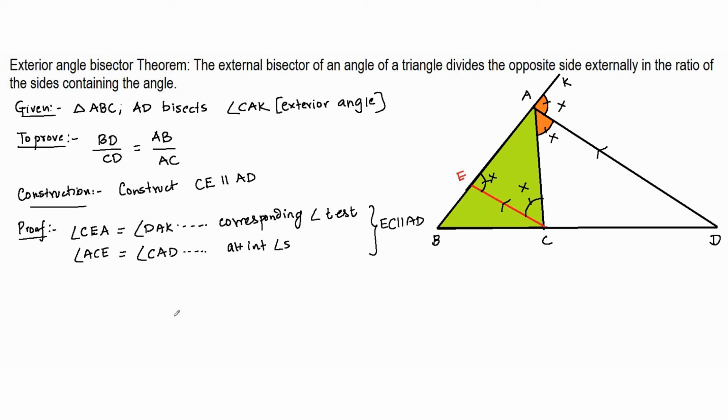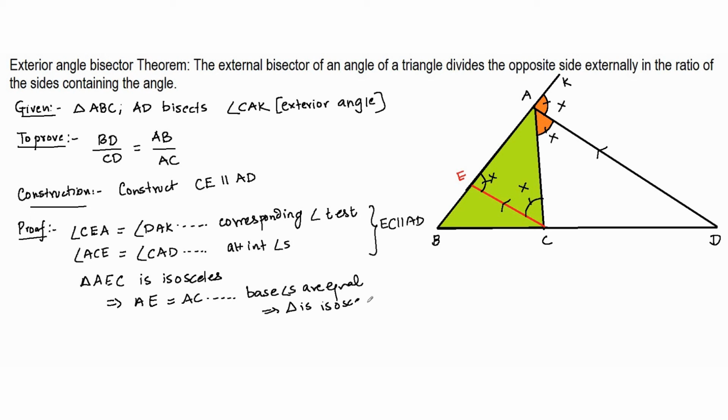And therefore I can say that triangle AEC is isosceles, and this implies that the length AE is equal to the length AC because the base angles are equal. Correct? So these two lengths are equal.